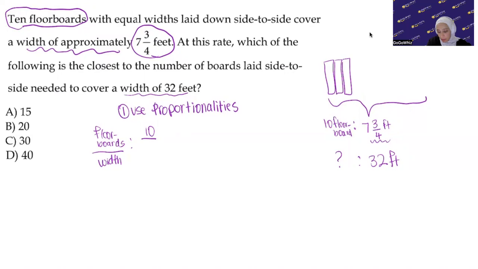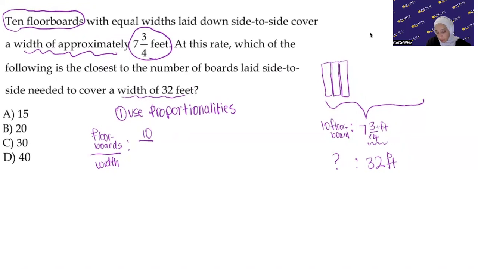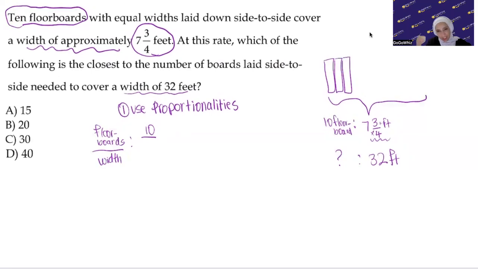So then 7 3/4, we can turn this mixed number into an improper fraction. I can just multiply and then add, or I can immediately see that 3/4 is 0.75. If you can't see it immediately, you can multiply 7 by 4 and then add the 3, all over 4.